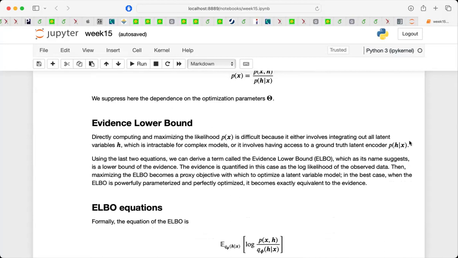So when we look at that scheme, which we discussed earlier, this latent encoder here is something which we need to make a model for.